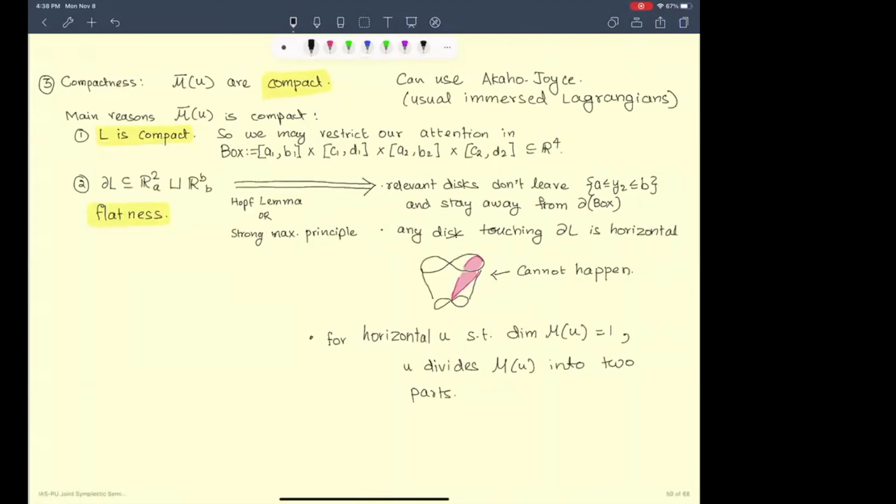And using the flatness that lies in R2, these disks don't escape in any direction really. They don't get anywhere near the boundaries of this box. So everything is very controlled, and standard compactness gives you compactness.